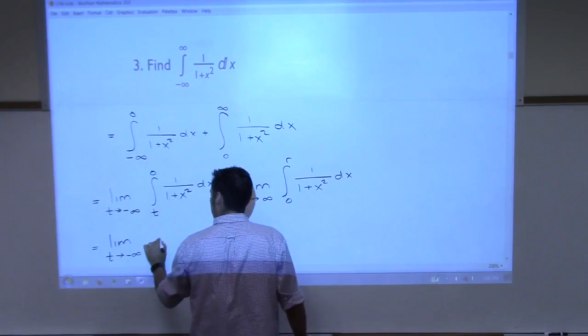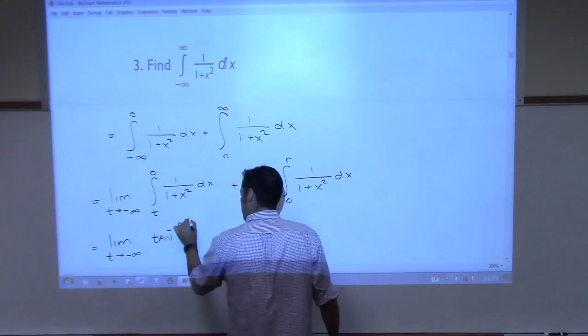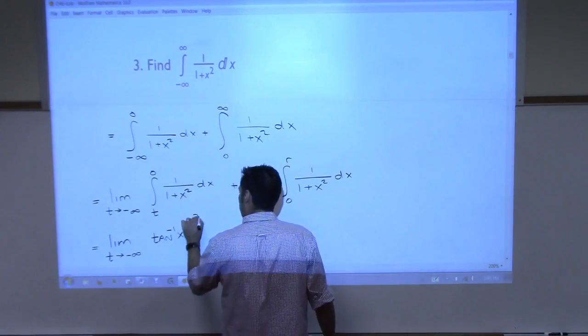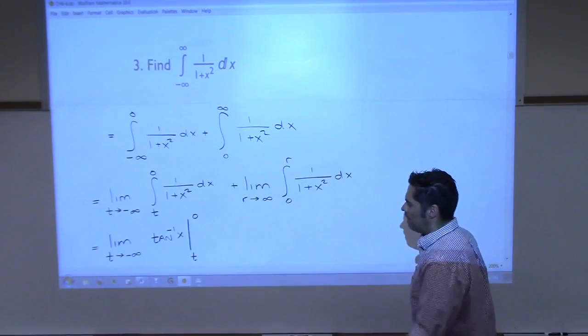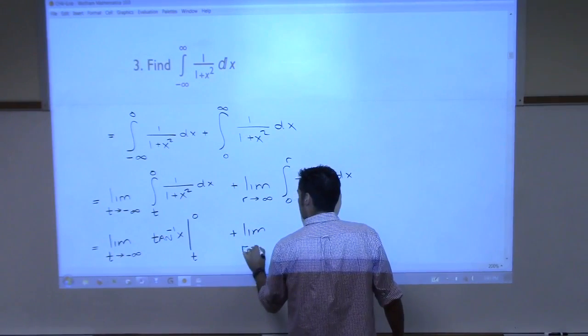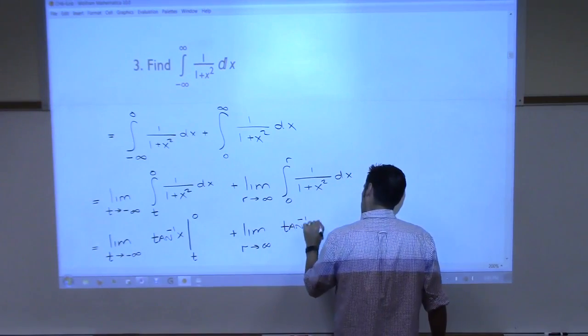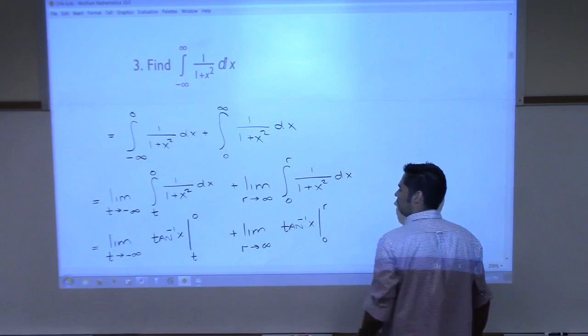I write down the antiderivative, which was arctangent of x. I put a bar here, and I put t down here, and I put 0 there. Over here, I'm going to have the same exact thing. Plus limit, r goes to infinity, and then arctangent of x, and then a bar, but this time 0 to r.